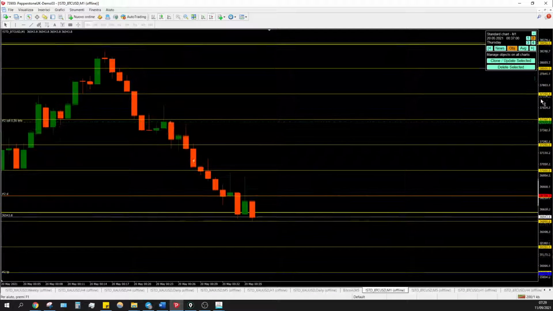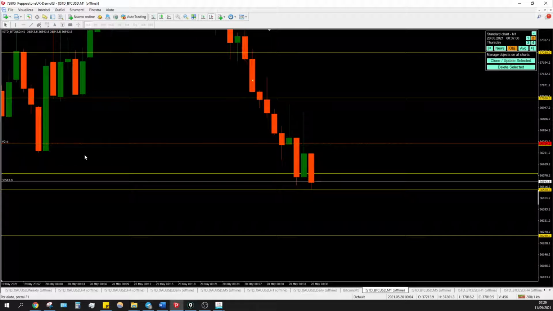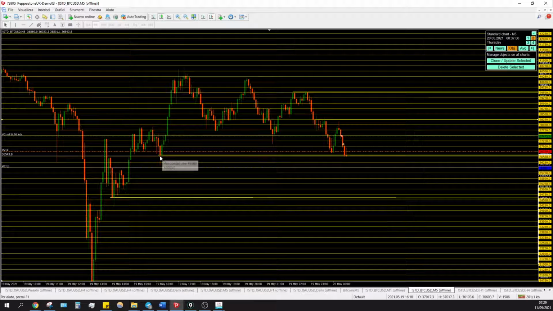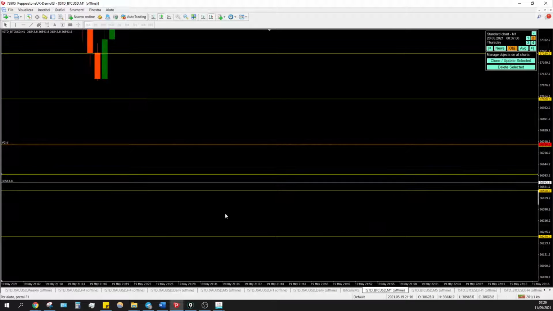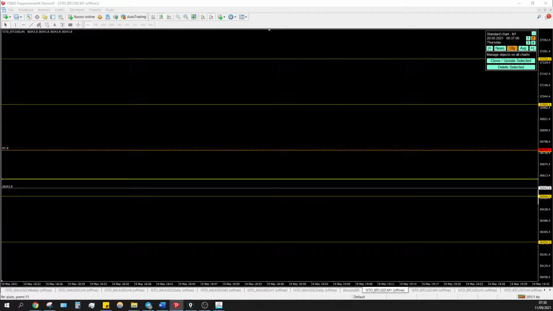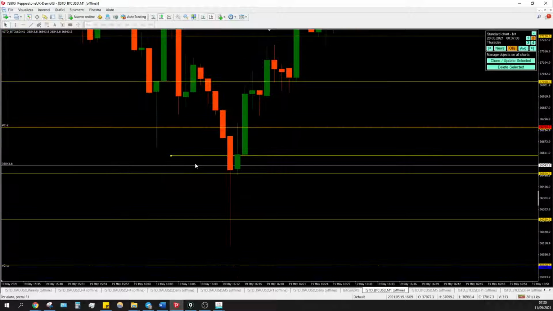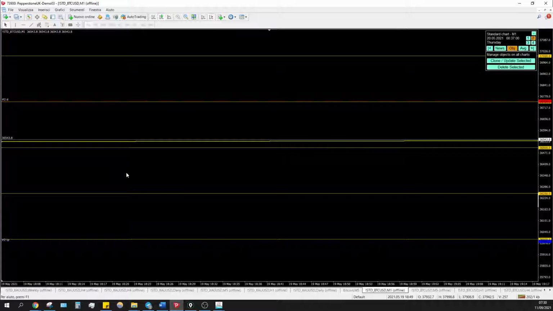So this is our PSA coming from these previous lows on the left. I know it's very messy, but let me show you. Okay, this PSA actually should be here, but anyway.